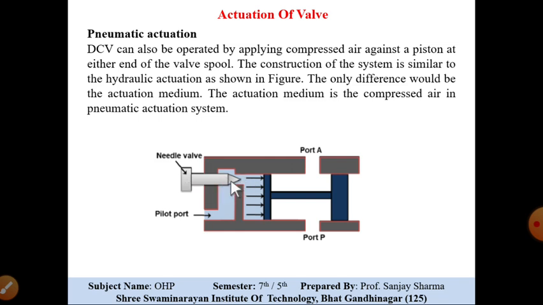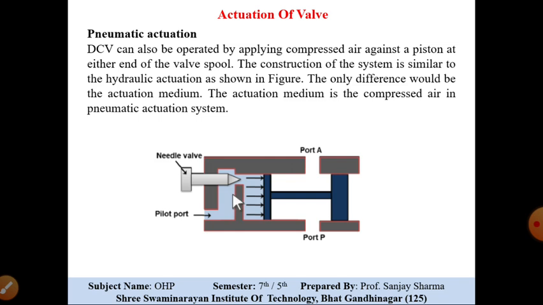So construction wise, it is similar to the hydraulic actuation. Only the medium of actuation is different. Here the medium of actuation is air, and in hydraulic actuation the medium is hydraulic fluid.